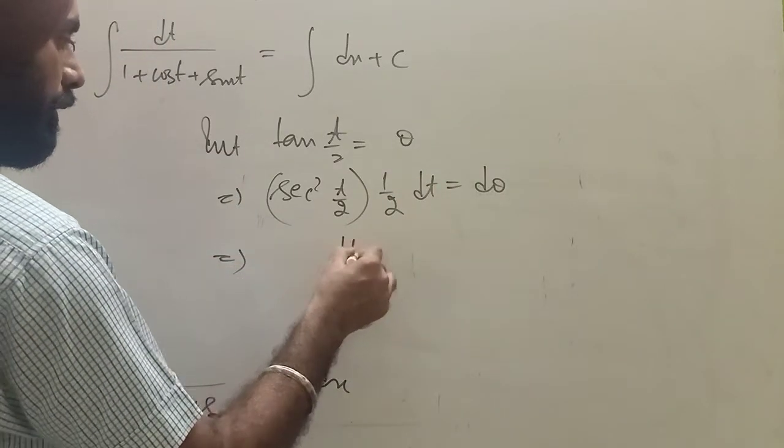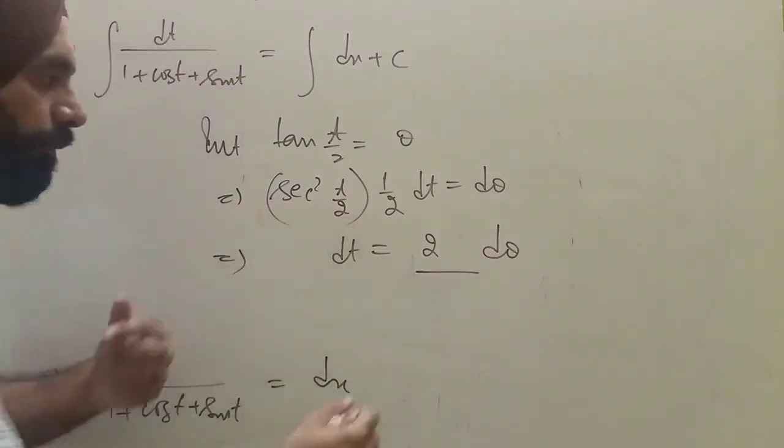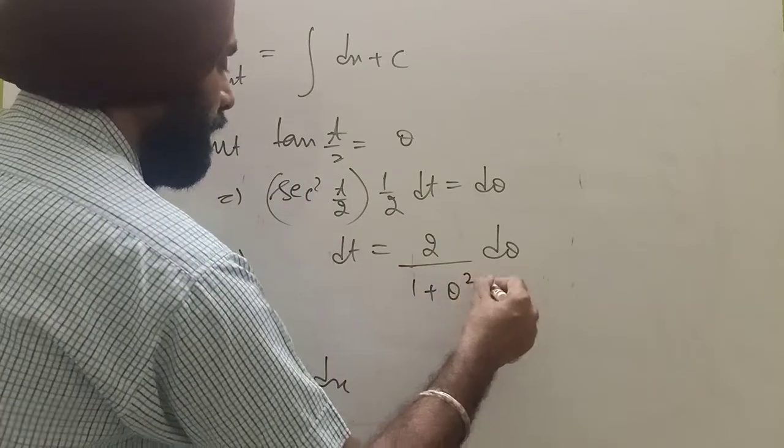So dt is equal to 2 times d theta divided by secant square, which can be written as 1 plus tan square, and tan square is 1 plus theta square.